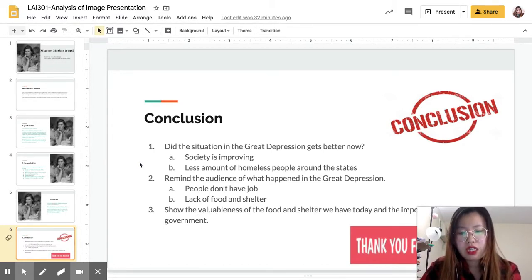Our society has recovered today and there are fewer homeless people compared to the Great Depression period. This photo is reminding people of what happened during that time and how difficult it was for people to make a living.